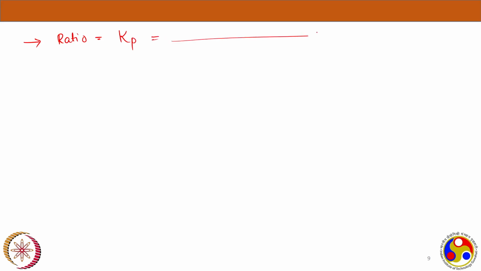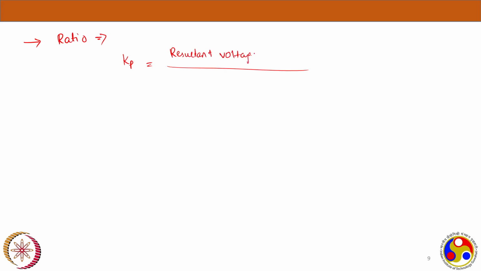Kp is the ratio of the resultant voltage when short pitched divided by the resultant voltage when full pitched.